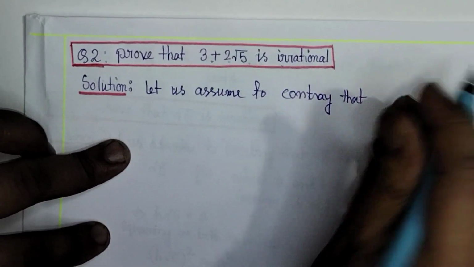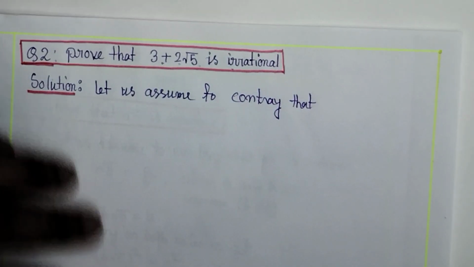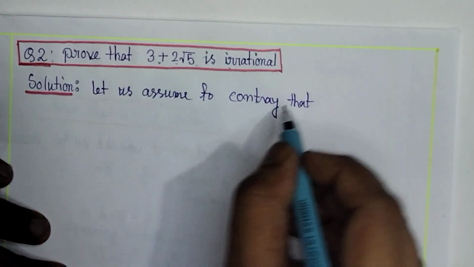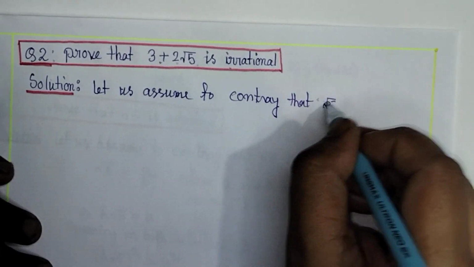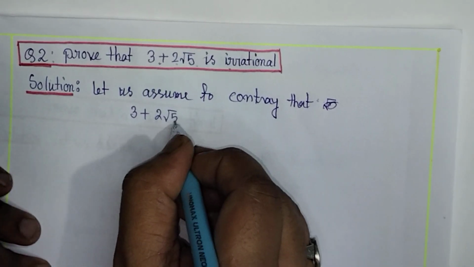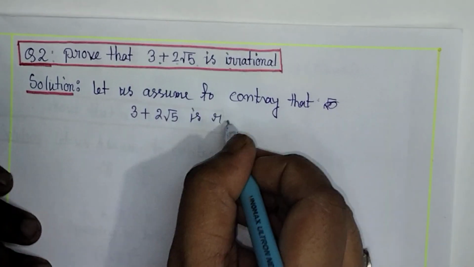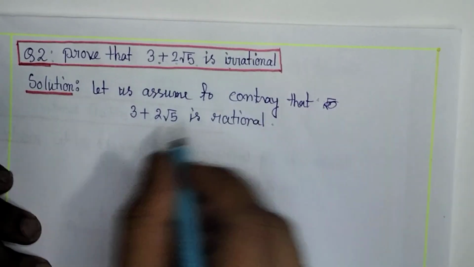So let us assume to the contrary that 3 plus 2 root 5 is rational. A rational number can be written in P by Q form.